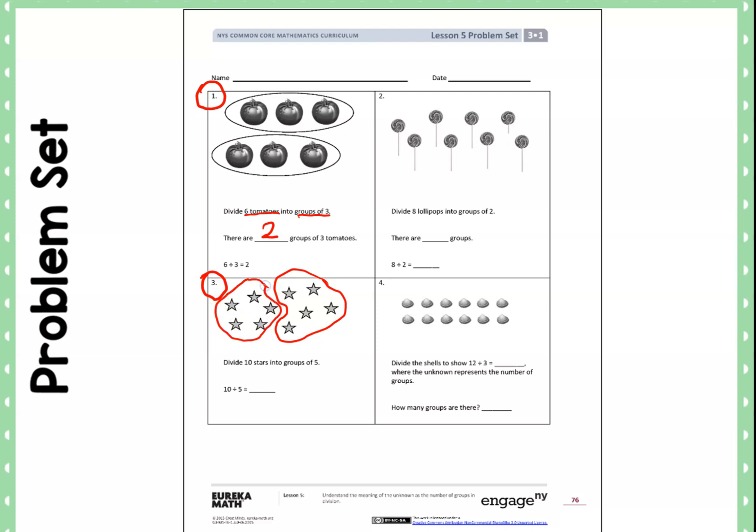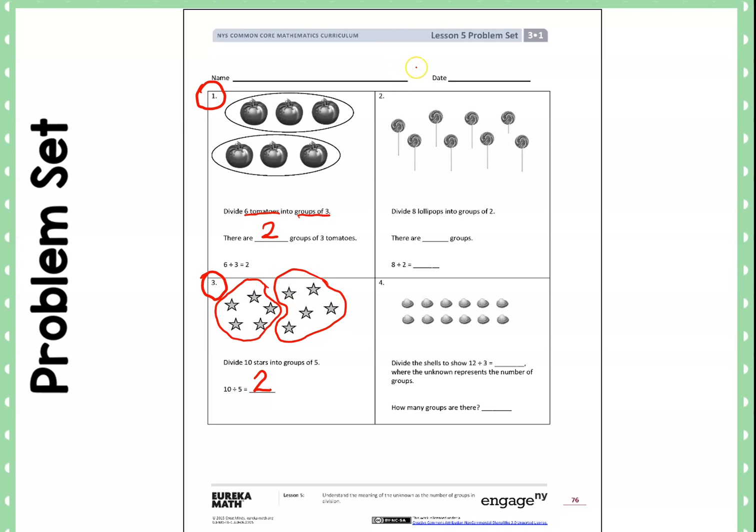Okay, so there are my equal groups of 5. So 10 stars divided into groups of 5 gives us how many groups? What's the number of groups in this answer? 2. We made 2 groups of 5. So 10 divided by 5 equals 2.